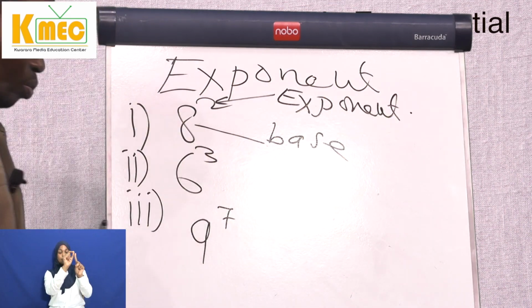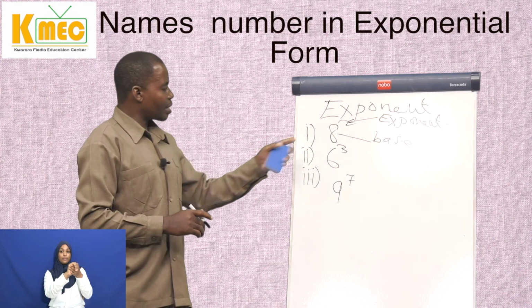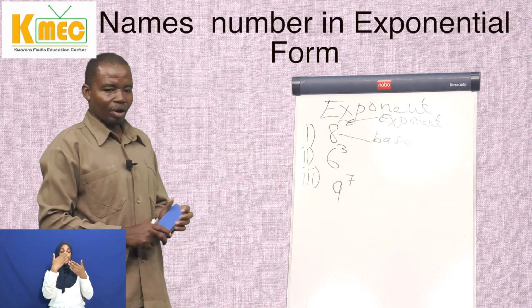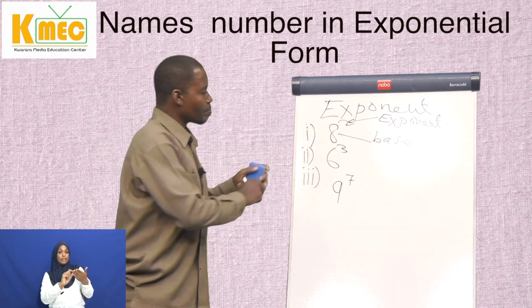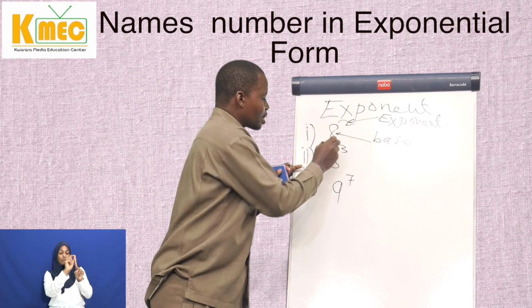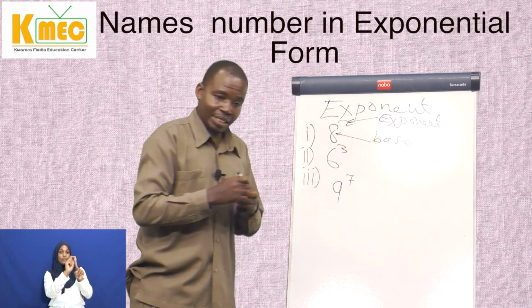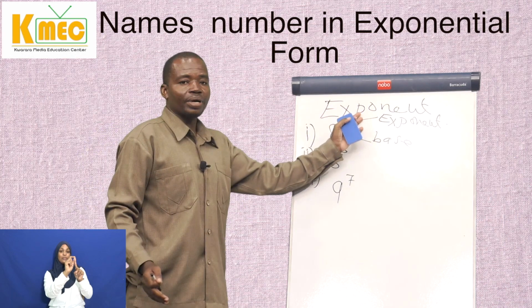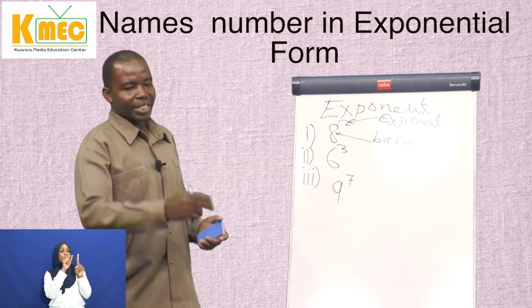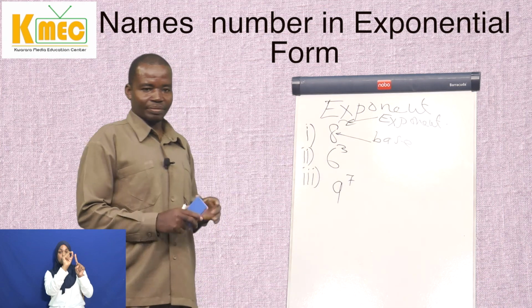Whenever we write a number in exponential form, there is a base and exponent. The bottom number is called the base, and the top number is called the exponent of that expression.